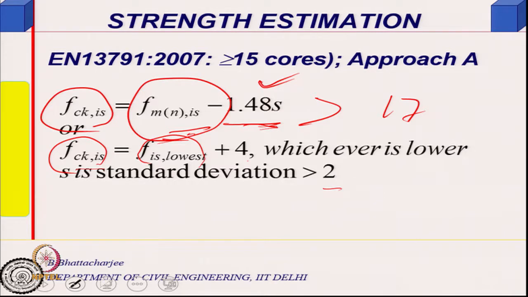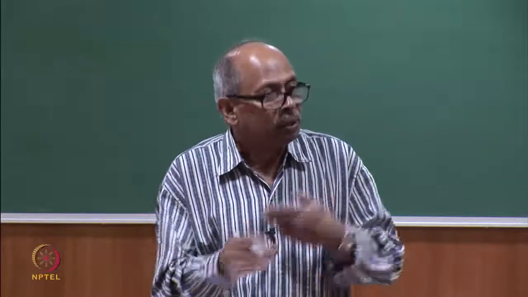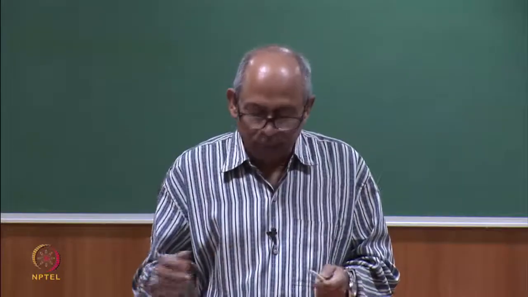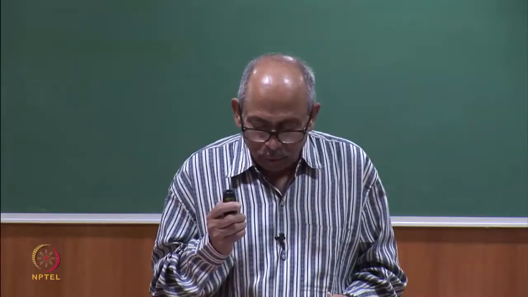So, you take 16 cores, find out the mean strength, and subtract the standard deviation from those cores, then you get this. This has taken an average value for a given confidence level, or FCK lowest plus 4, so it is also taking care of the lowest plus 4, whichever is lower. So, that is the EN code.